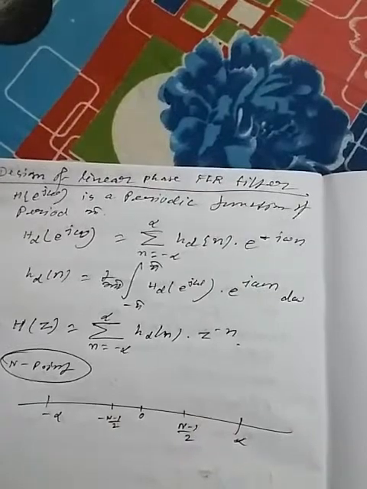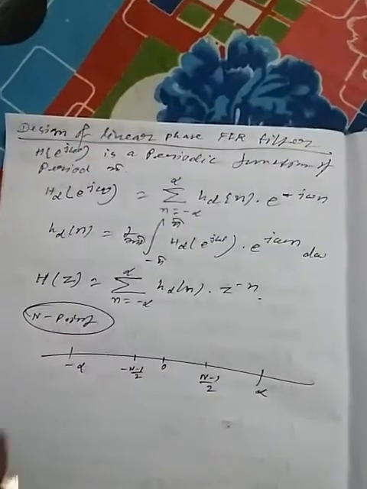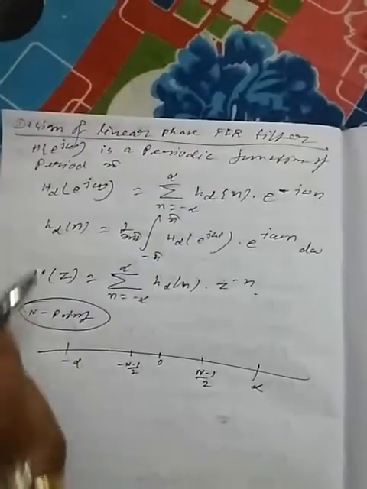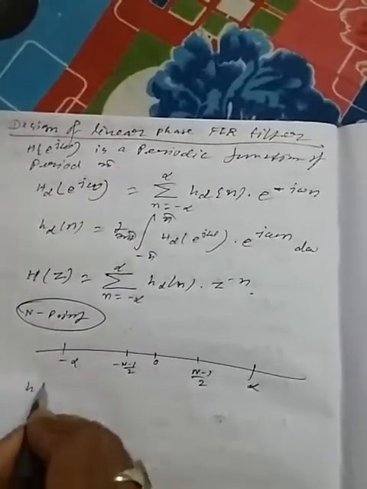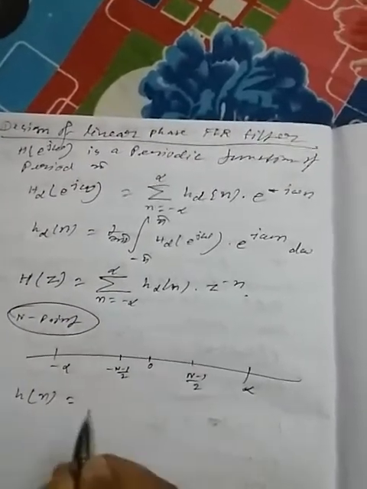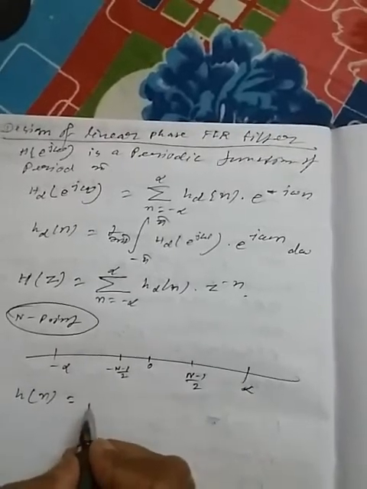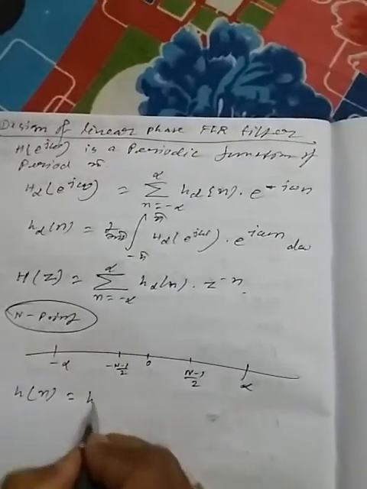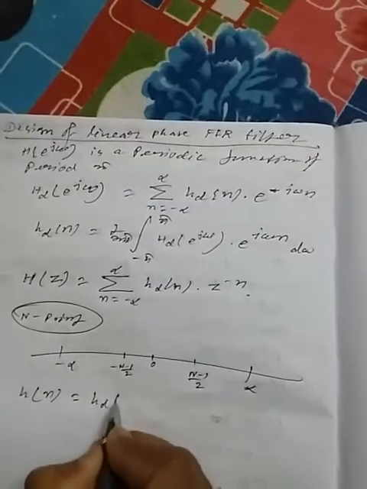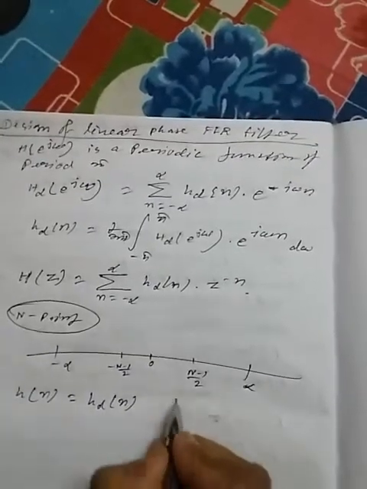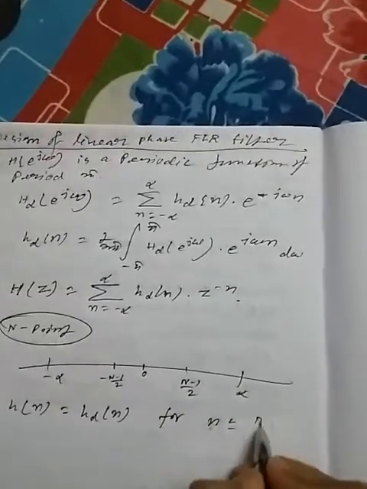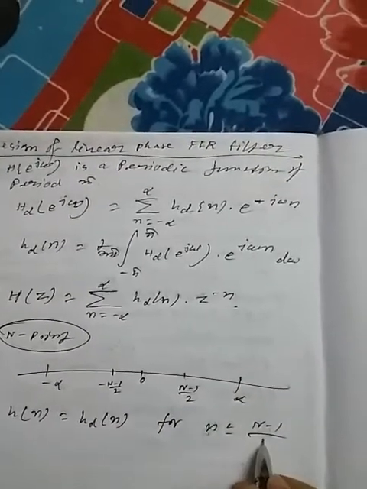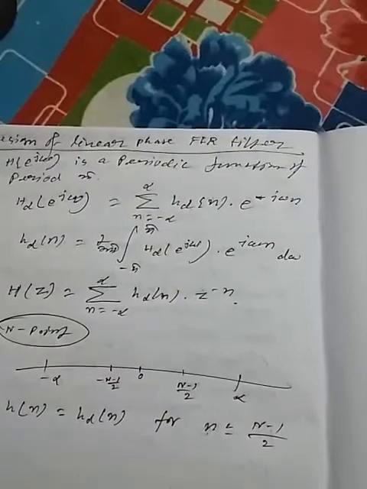Like this way, if we truncate this desired impulse response function, then finally we will get the finite impulse response of the filter, h(n) is equal to h_D(n) for mod n less than or equal to (N minus 1) by 2.